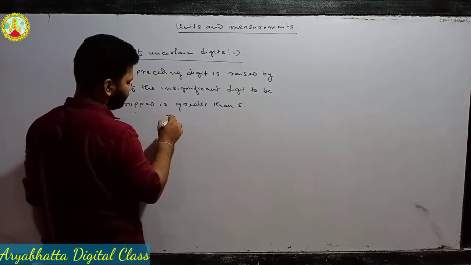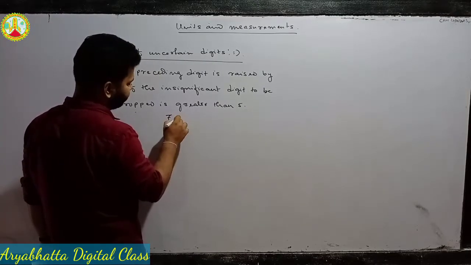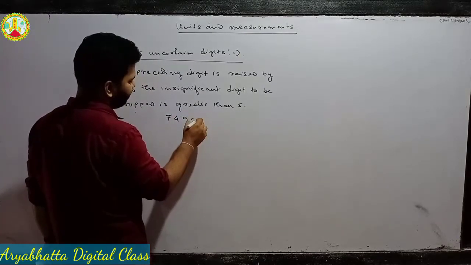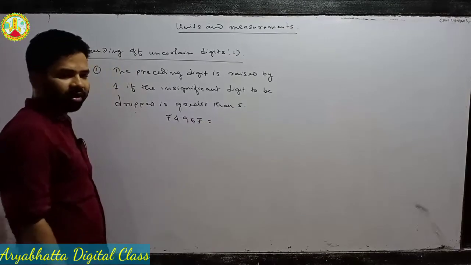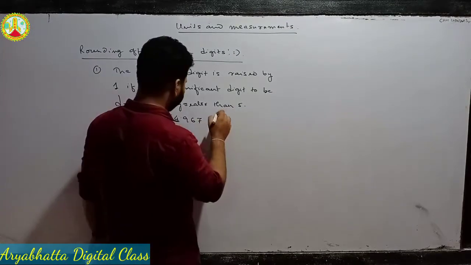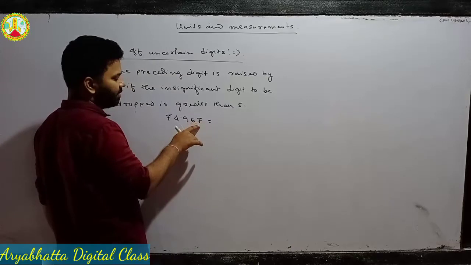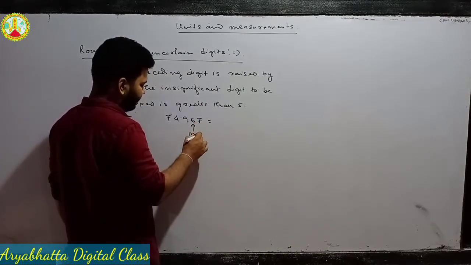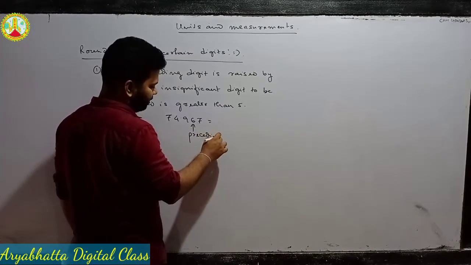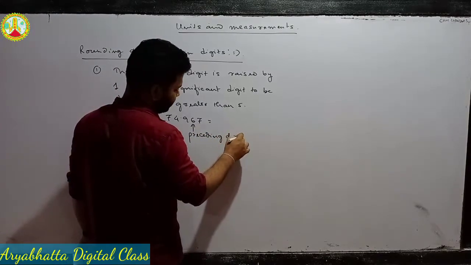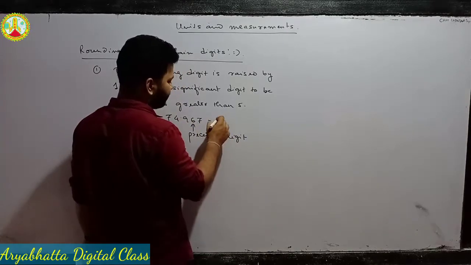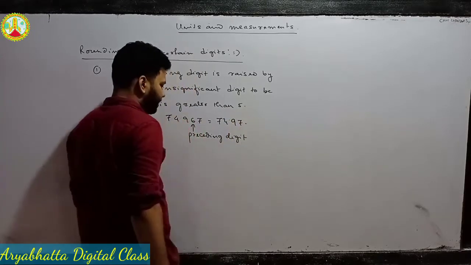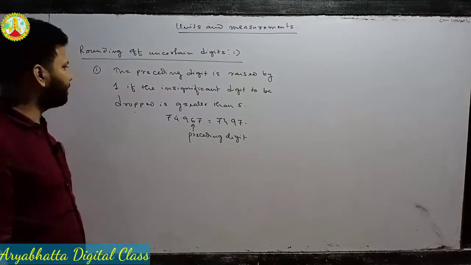For example, suppose 74.967. If I round it off up to 4 significant figures, look, the last digit is greater than 5, and this 6 is known as the preceding digit. So you have to raise this digit by 1, that is, the answer will be 74.97. So this is about the first rule.